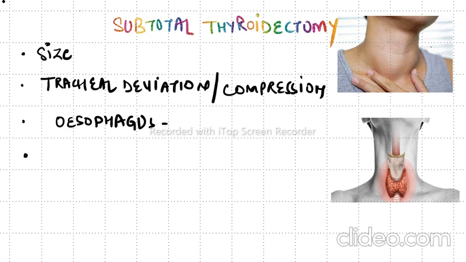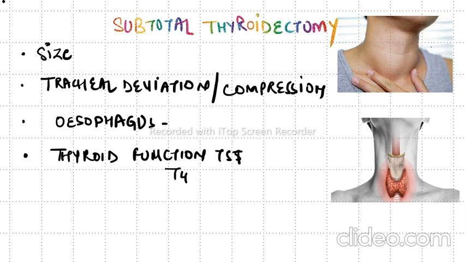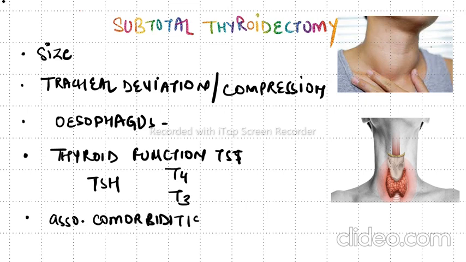Then you have to look for the reports: thyroid function test, the T4, T3 and TSH levels, associated comorbidities in the patient, retrosternal extension.